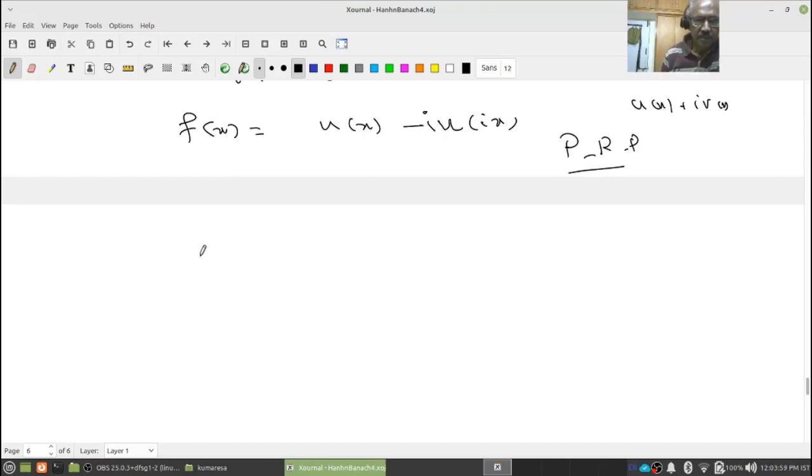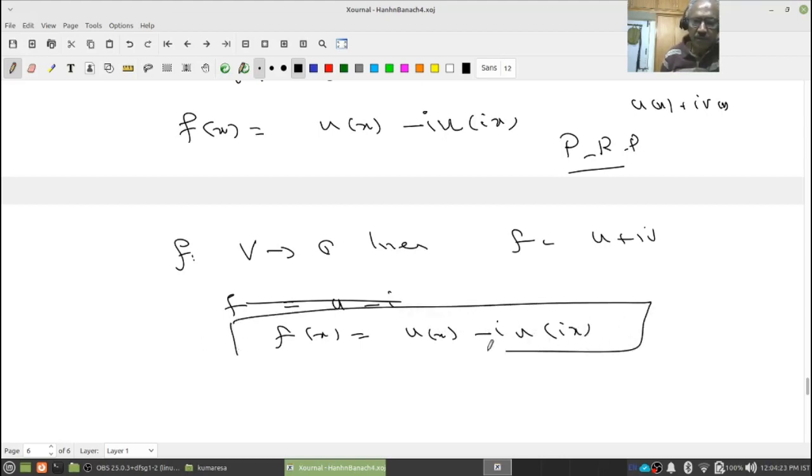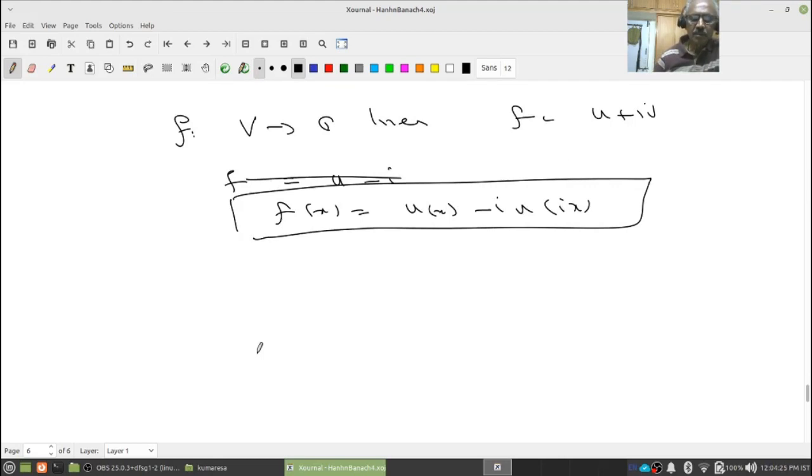So what have we shown now? To summarize, if f from V to C is linear, and if I write f as u plus iv, then my f is the same as u of x minus i times u of ix. Now you can ask the next question. Is that clear?